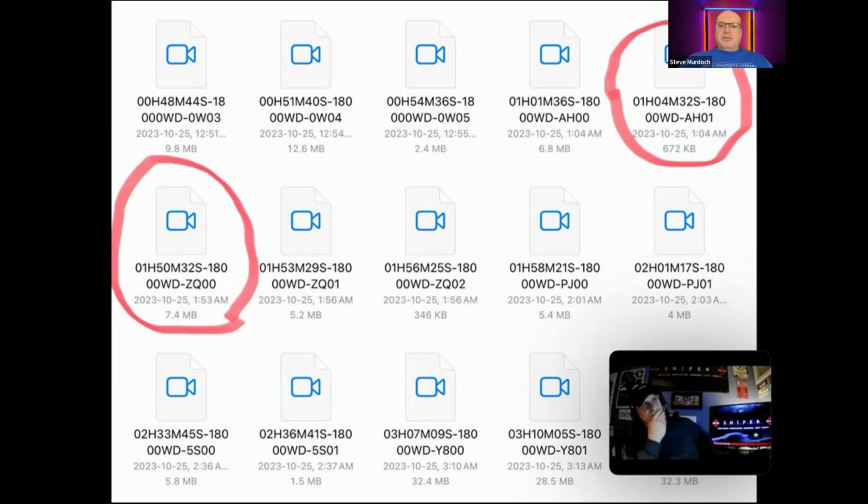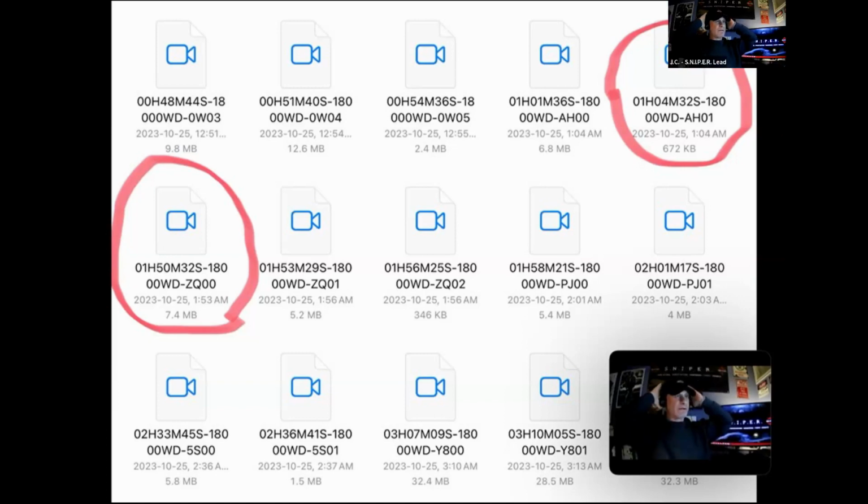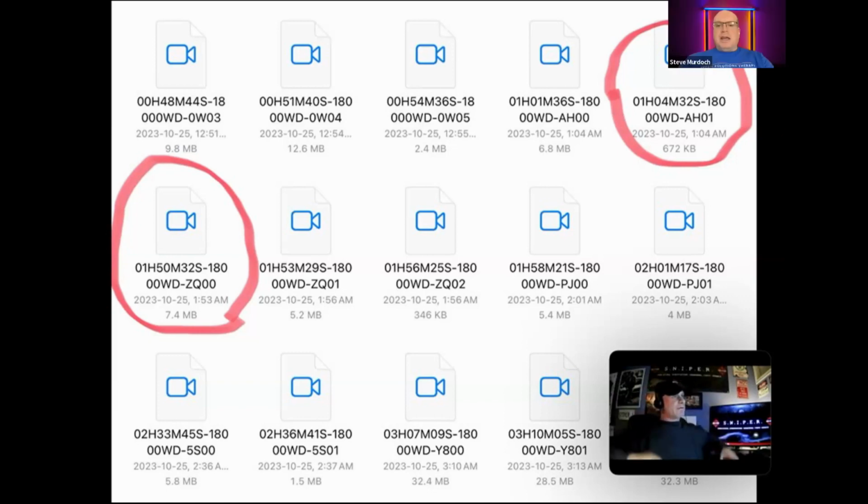And interestingly enough, during that time, the other two cameras recorded you walking through the basement three times. And for some reason, on this particular camera, the one that was physically moved, there are no recordings of you or anything else during that time period. That is weird, and we can't account for that.